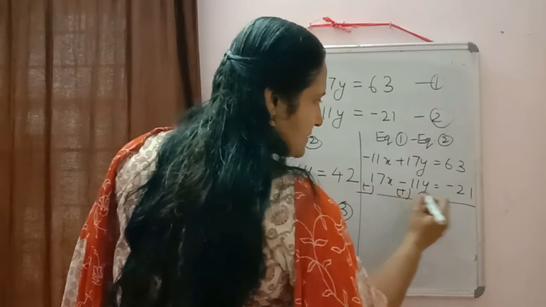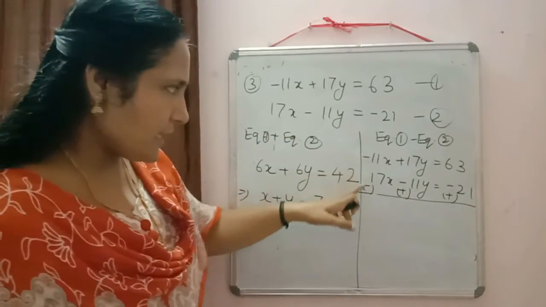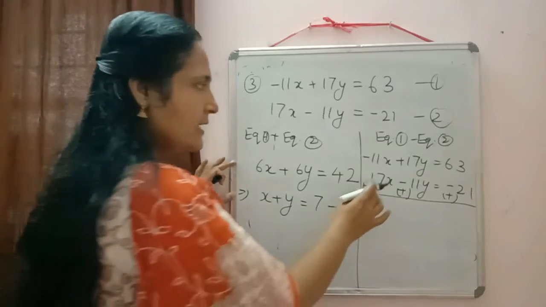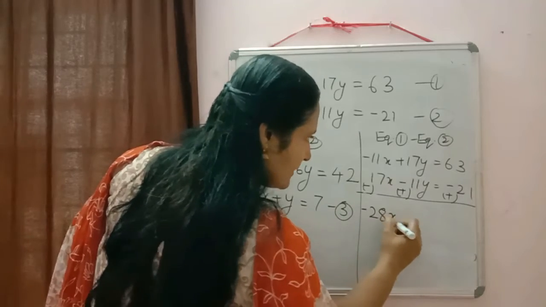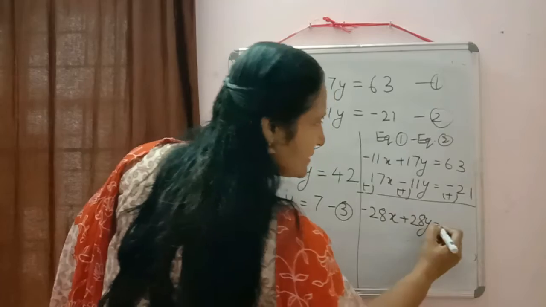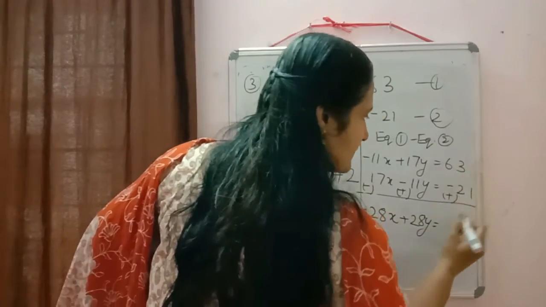Negative, positive, positive. Sign we have to change. So now both are negative. Minus 11, minus 17. Then we have to add the numbers. 7 plus 1, 8. 1 plus 1, 2. So we are getting minus 28x plus 28y is equal to, here 3 plus 1, 4, 6 plus 2, 8.